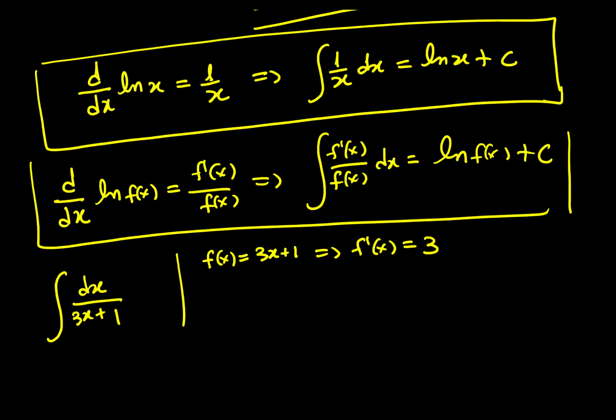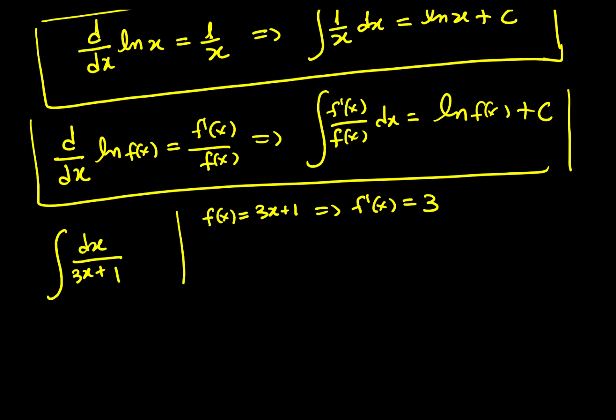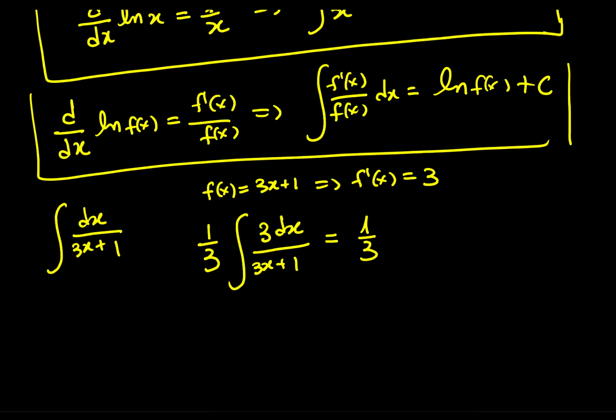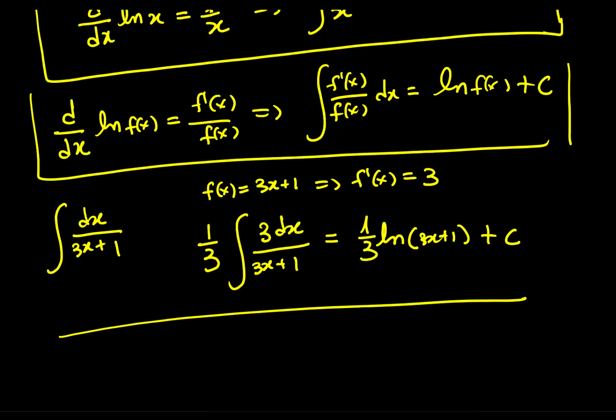That means that f prime of x is equal to 3. Hence, we can rewrite that function as 1 over 3, the integral of 3 dx divided by 3x plus 1, which is just going to be 1 over 3, the natural log of 3x plus 1, plus c. And that gives you our answer.